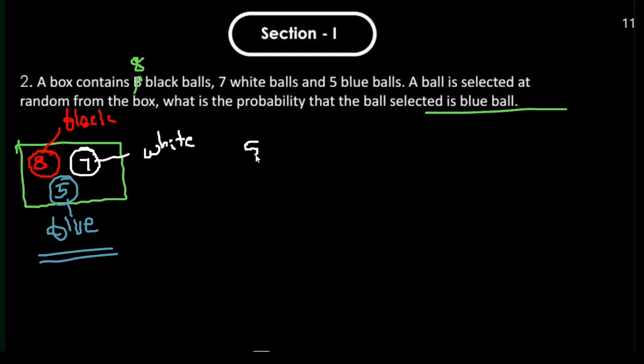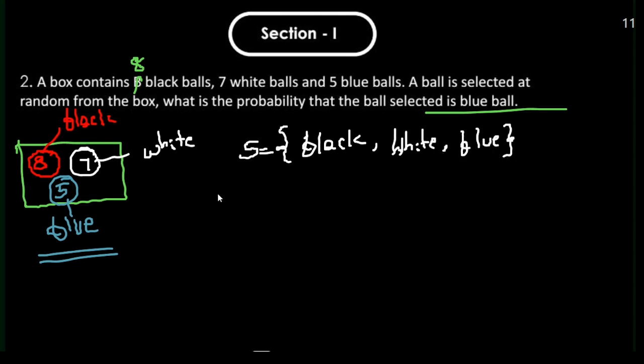S is nothing but all the balls: all the 8 black balls, 7 white balls and blue balls. Then the number of elements in S will be 8 plus 7 plus 5. 8 plus 7 is 15, and 15 plus 5 is 20.